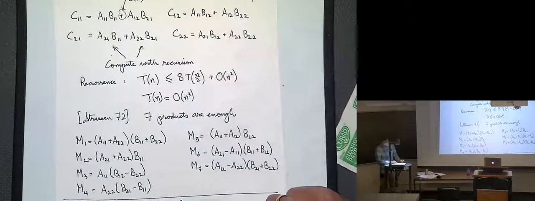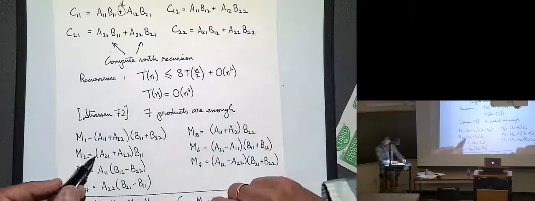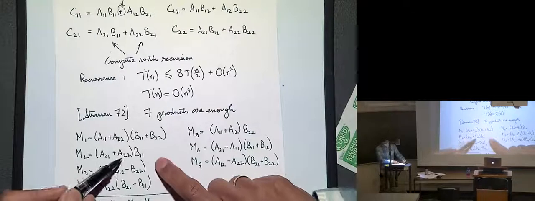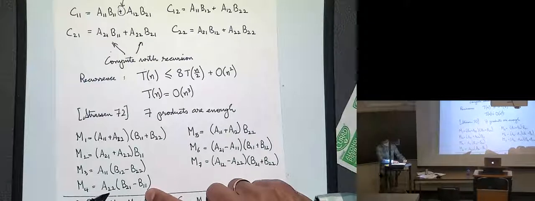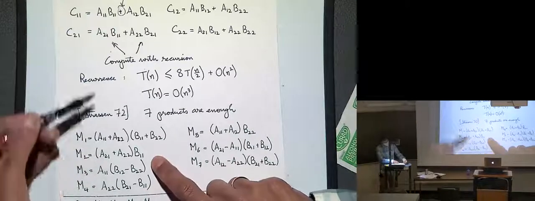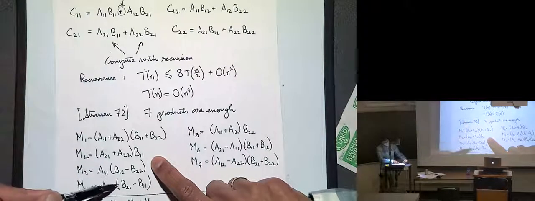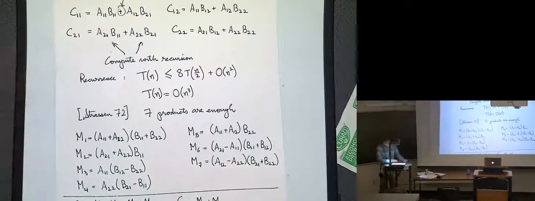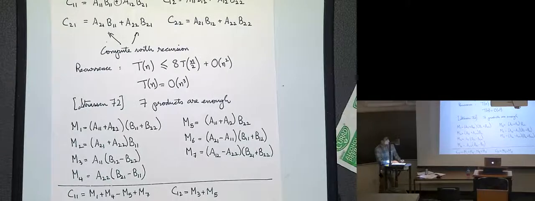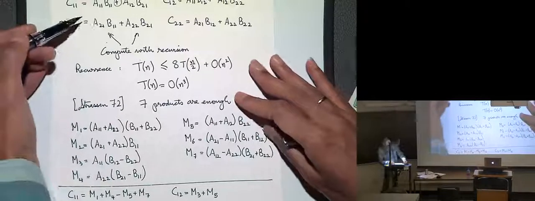Similarly, if you do M2 plus M4, you'll see A22 B11 cancels out with A22 B11. So you get A21 B11, that's the first one, A22 B21 is the second term. Now you do M1 plus M4 minus M5 plus M7. I won't do it, but you'll get C11.